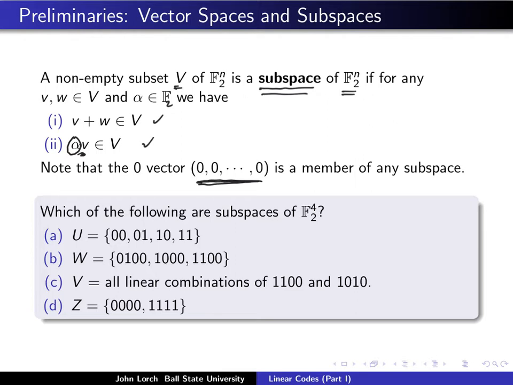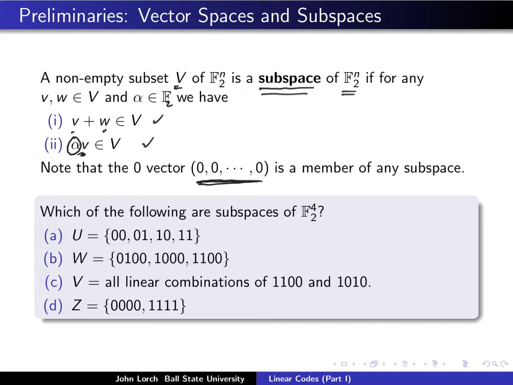Another way to see that the 0 vector has to be in your subspace is take a vector little v in capital V and add it to itself. Instead of taking v plus w, take v plus v. When you do that, you'll wind up with the 0 vector, and that is a member of capital V.